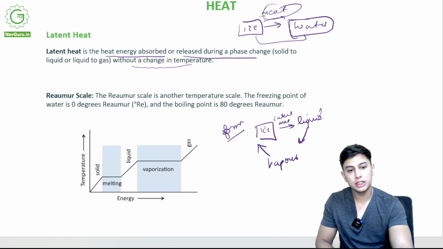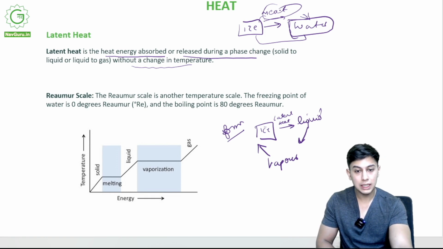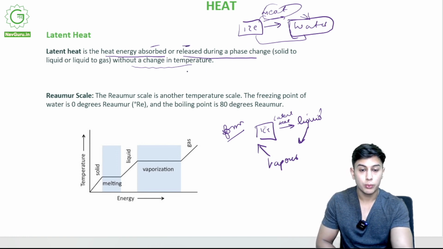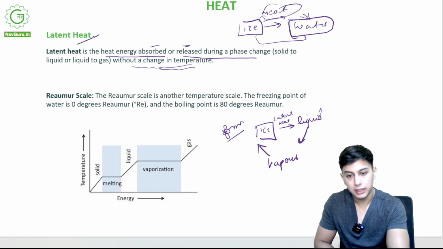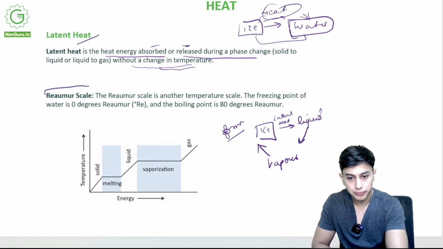All this heat is utilized in changing forms. Now the more heat I give it, then the temperature will increase. So that amount of heat absorbed or released during a phase change without a change in temperature is latent heat. It is measured on what? Reumer scale.